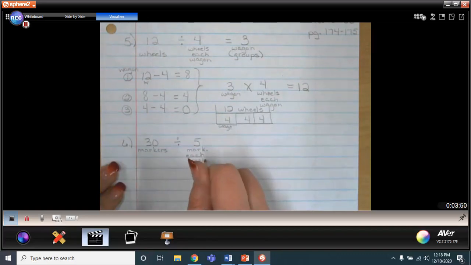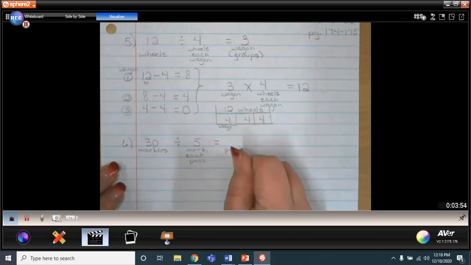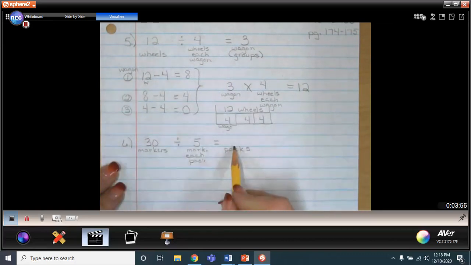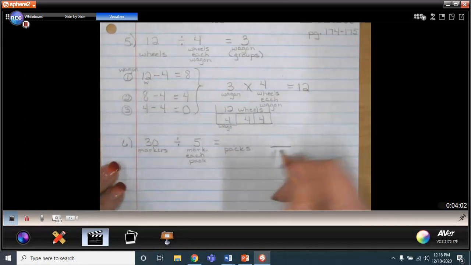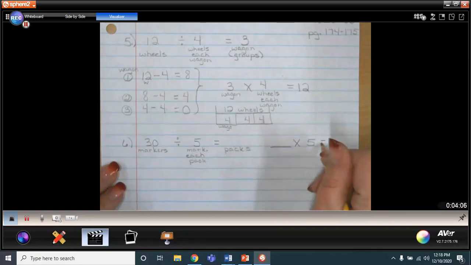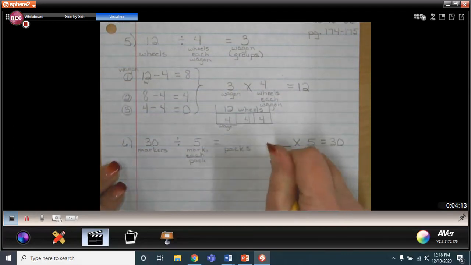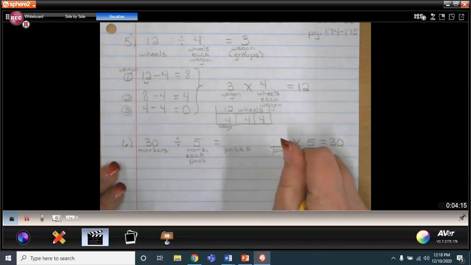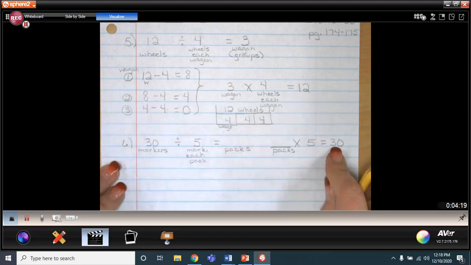And we want to know how many packs or packages there will be. We're looking for the groups here. So basically, in my multiplication sentence, I'm looking for how many packs there are. This is the missing part that I'm looking for. These are the packs. So blank packs times 5 is going to give me 30 total markers.